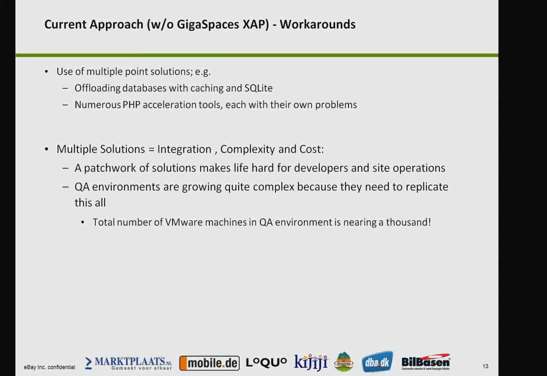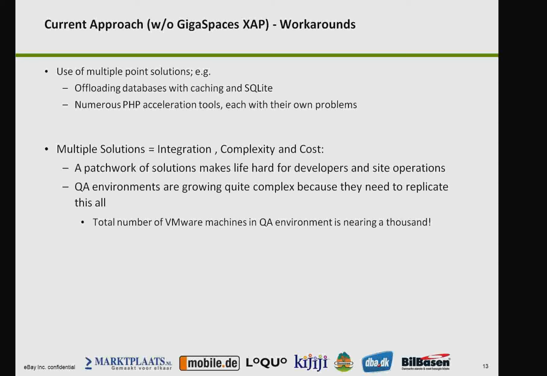To work around it, I think Nati also hinted at it with some examples, what we're doing is not too different at the moment from the industry. We use caching, we use SQLite to distribute data locally to the web servers.